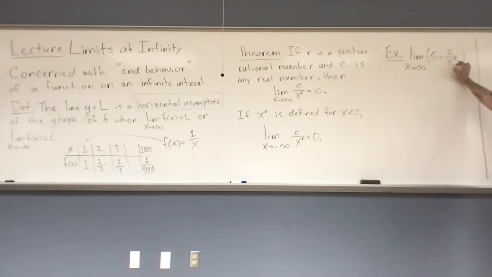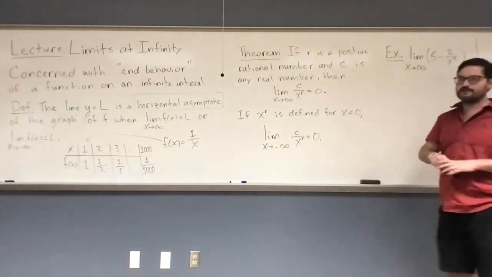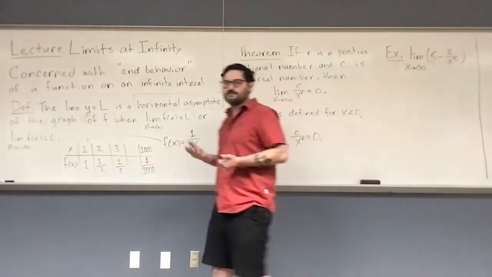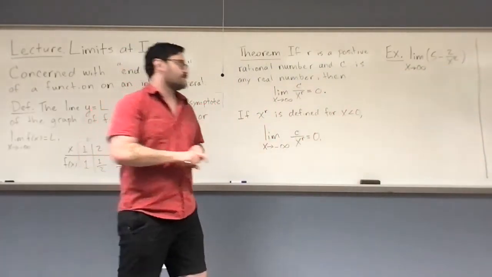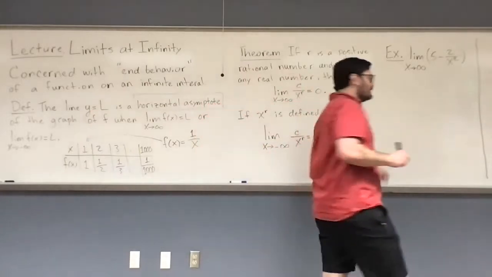So what do you think that this is behaving like? Yes, it's getting closer and closer to 5. And without applying that theorem, without doing any algebra, we can get a sense of where it's going. Okay, we're estimating it.